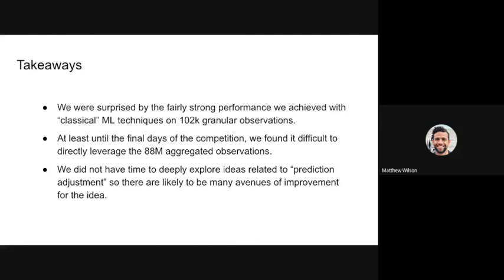We tried some things directly using it, and none of them worked great, at least until the final days of the competition, when we had this prediction adjustment, which does directly use the aggregate data. The final takeaway was that, as I alluded to earlier, there are probably ways the prediction adjustment idea can be developed to make it better and more useful. But I think it was our most interesting contribution to this competition.